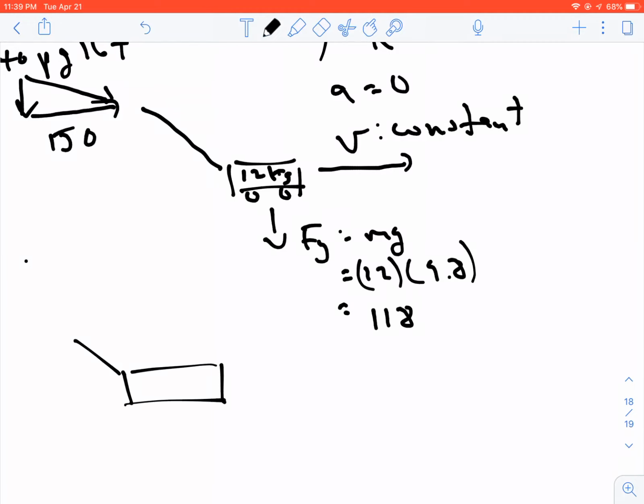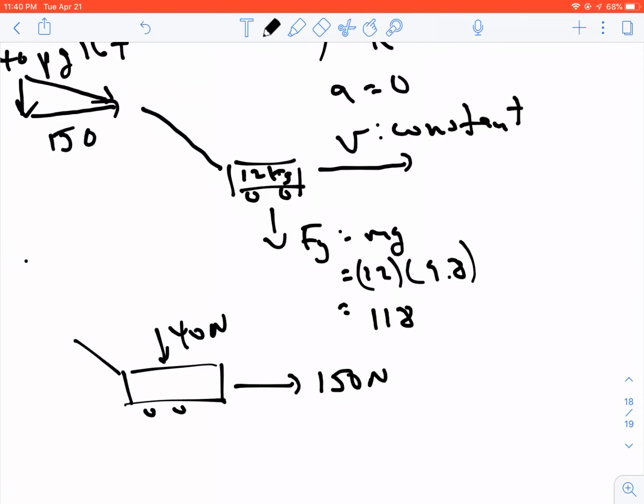Okay. If I say, what are the forces acting on the lawnmower? I'm pushing the lawnmower forward with 150 newtons, right? And I am pushing down on it with 40 newtons.